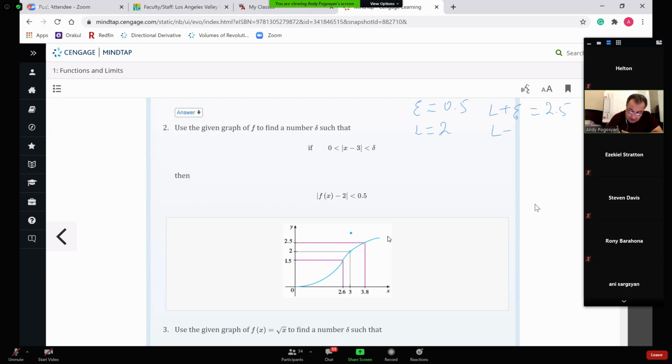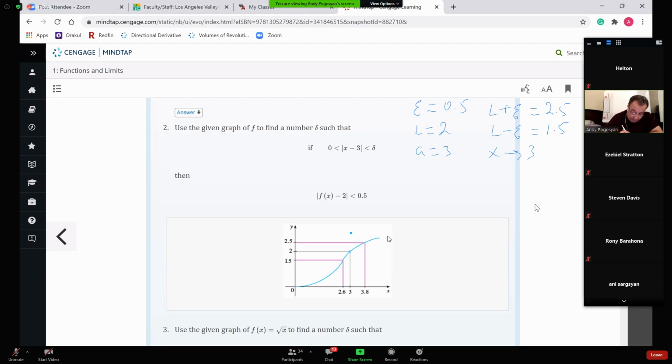L minus epsilon is 1.5. Now x approaches 3. A equals 3. So we have x approaching 3 from left and right. Now look at the graph. From 1.5 horizontally you hit the graph. So the portion of the graph is between 2.6 and 3.8.